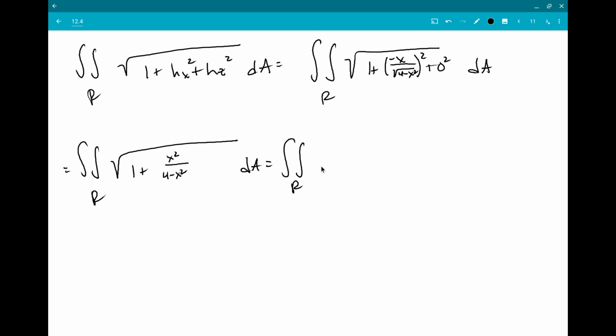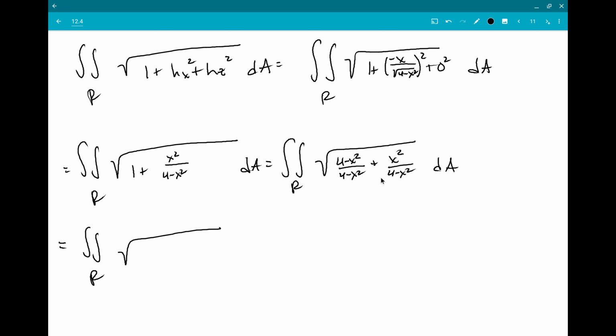So that's going to become, okay, 4 minus x squared over 4 minus x squared plus x squared over 4 minus x squared. Okay, good. My x's are going to cancel out. That would not have been pleasant. Okay. So when I take 4 minus x squared plus x squared, I just get 4 over 4 minus x squared.